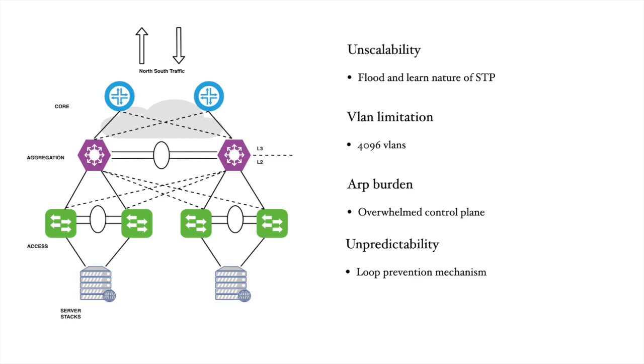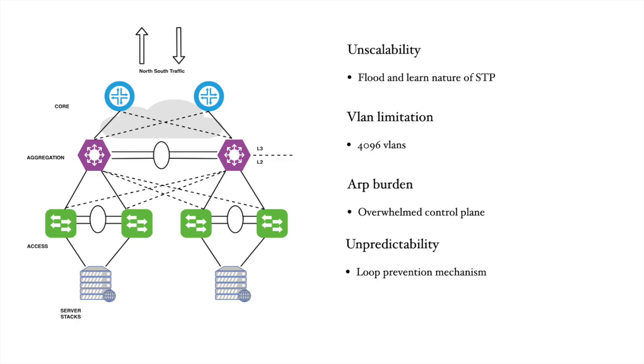So why is the aggregation and access architecture not good enough for supporting modern apps? Here is why. The unscalability. The flat and learn nature of spanning tree is not scalable as the network grows larger. VLAN limitation. The 12 bits VLAN ID renders only 4096 VLANs. Burden of ARP.